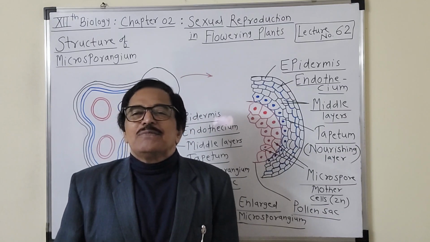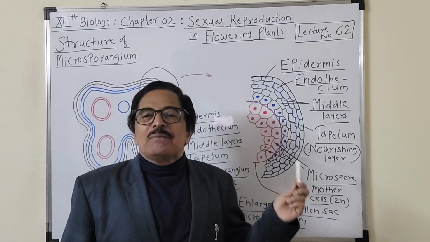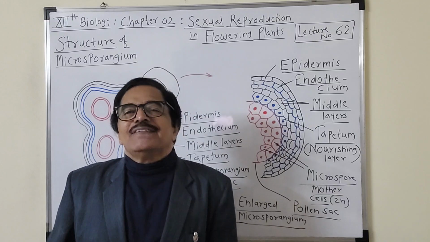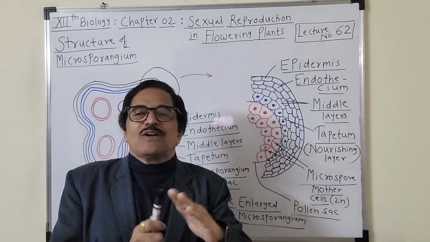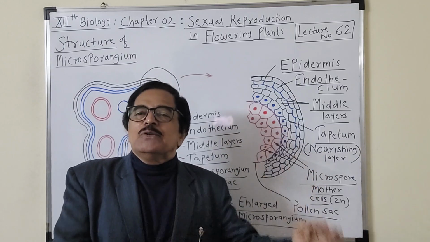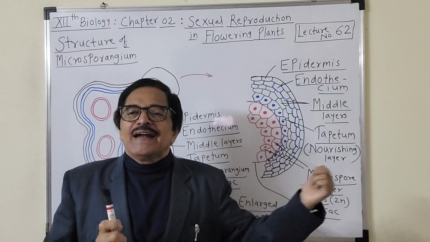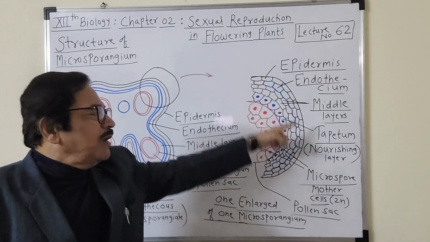They provide nourishment to the developing sperms. It is the same here. In this particular case, tapetal cells are nourishing cells. So the equivalent structure of the nurse cell of the human testes is here. What do you say that? Tapetal cells. Okay, then all these cells are diploid, my friends.